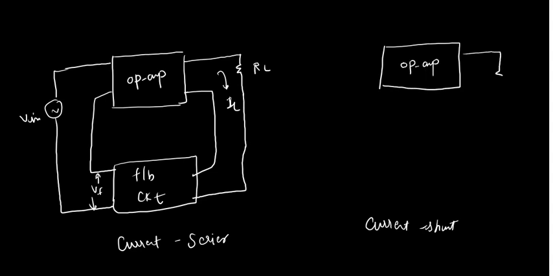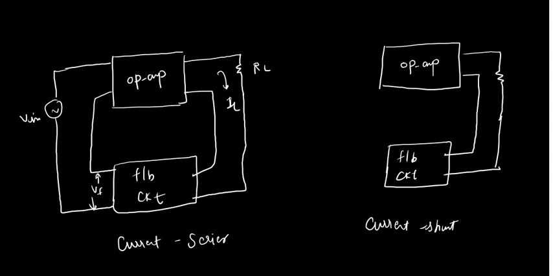So we need to extract the whole current. This is your feedback circuit. The whole current goes inside the feedback circuit. And now you have to shunt the VF.